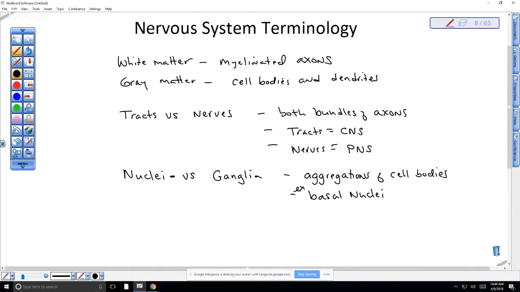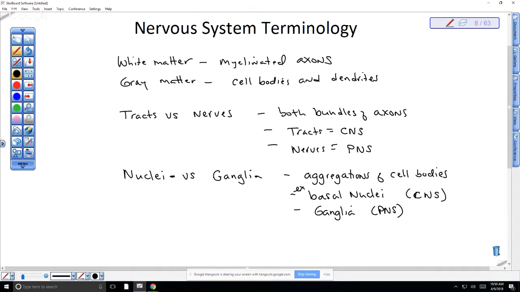Okay. We also have ganglia. So this is in the central nervous system, CNS. Okay. So we have ganglia that are aggregations of nerve cell bodies in the PNS. Okay, so ganglia are in the PNS.